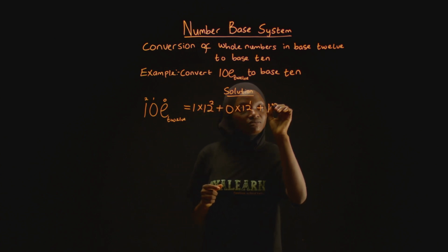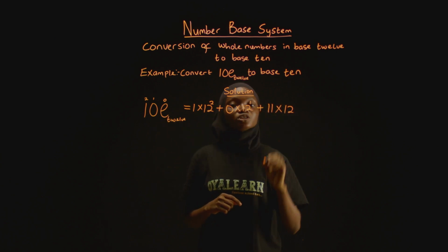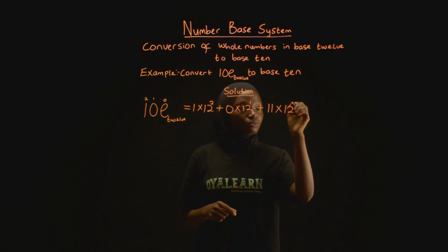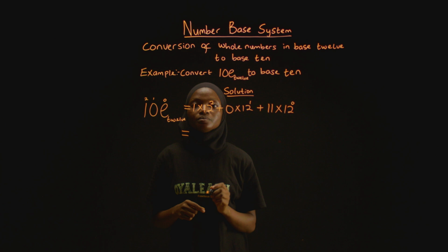So we have 11 multiplied by the base 12, raised to the power of 0 that we have for that digit. Now we'll simplify further.